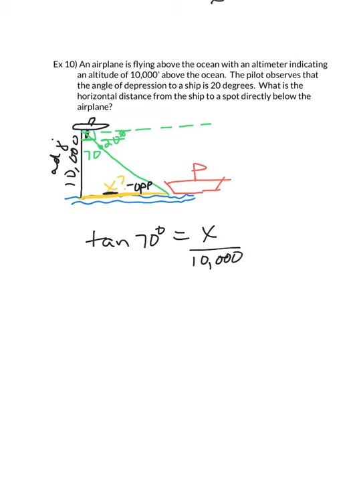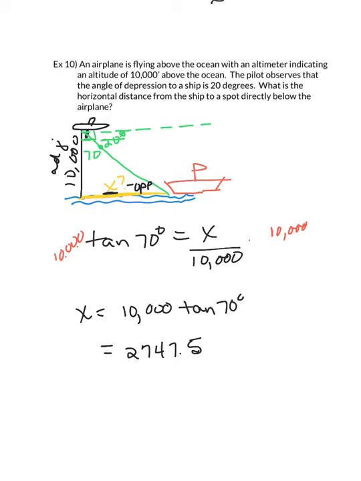How do I solve this little equation? Multiply both sides by 10,000. So X equals 10,000 times the tangent of 70 degrees, which equals, if you put this into your calculator, 2747.5. And since our altimeter reading was in feet, this is also in feet.